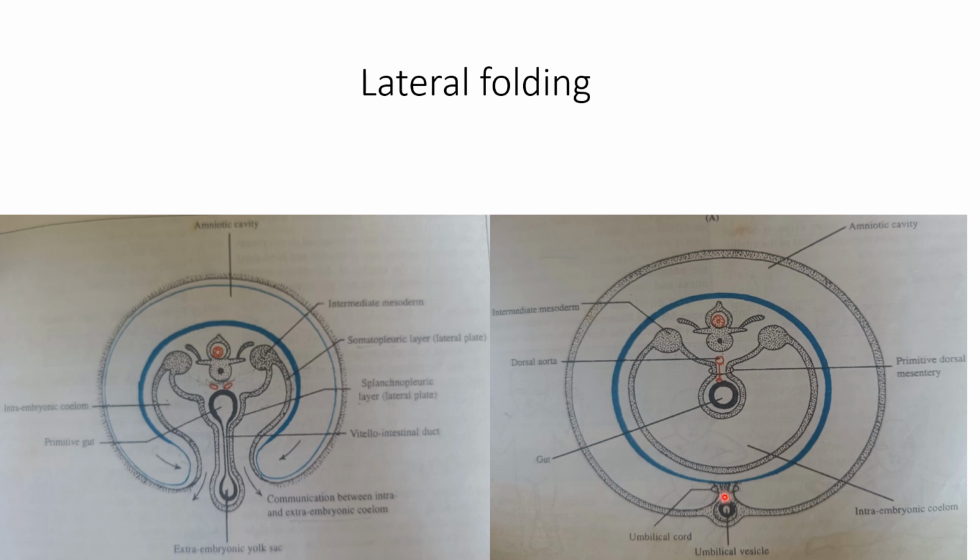Also you can see that the communication was there initially in between the midgut and umbilical vesicle. So this communication was known as vitellointestinal duct. Here the vitellointestinal duct has obliterated completely, and now there is no communication between midgut and umbilical vesicle.